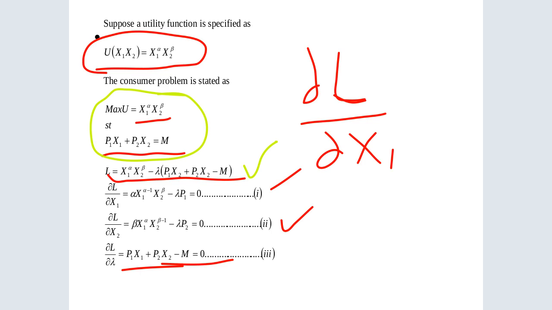So find the first derivative of the Lagrangian with respect to each commodity. So for commodity 1, this is what you have for the first derivative with respect to commodity 1. Then you get the first derivative with respect to the second commodity. That is what you have. And then you get the first derivative with respect to the multiplier.